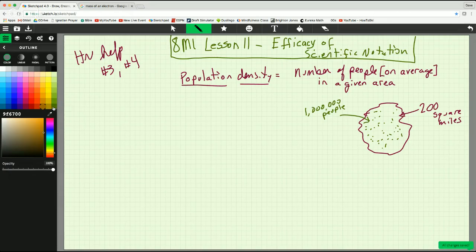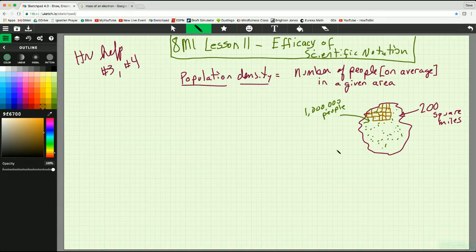All right, and now in each square mile, so the question is, if we have 200 square miles inside here, and I'm not going to draw all the boxes, but each one of these is one of the 200 square miles.